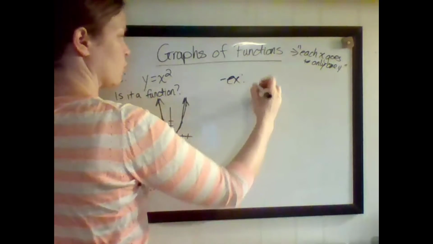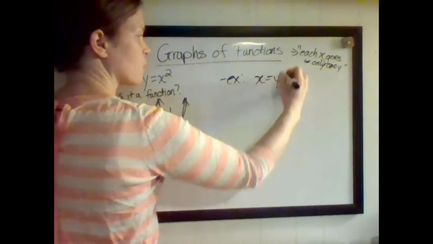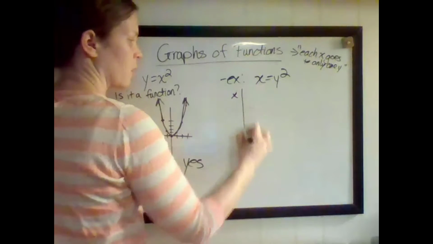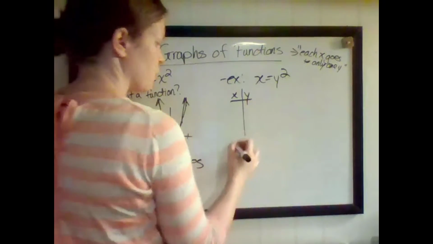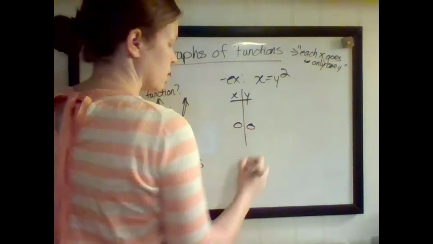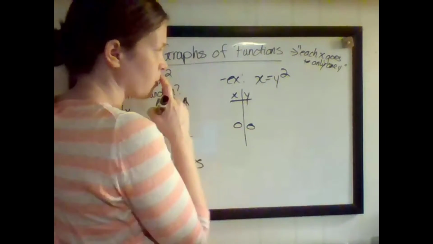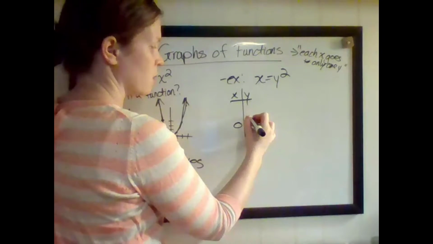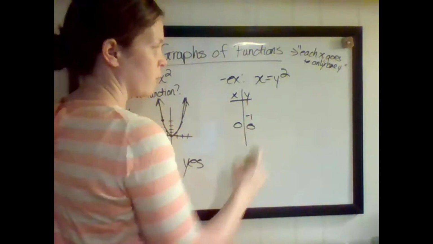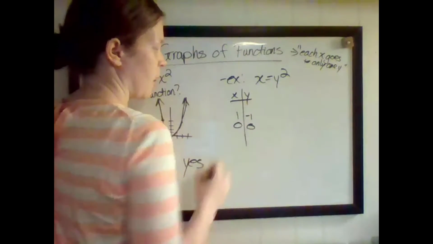Now let's compare that to, what if I had x equals y squared? Again, let's make our little chart of values. I'm going to leave a little space, but I can see right away 0, 0 is still going to be a point. It looks like it might be easier to plug something in for y in this case. So how about if I plug in -1 for y? x is going to be +1.